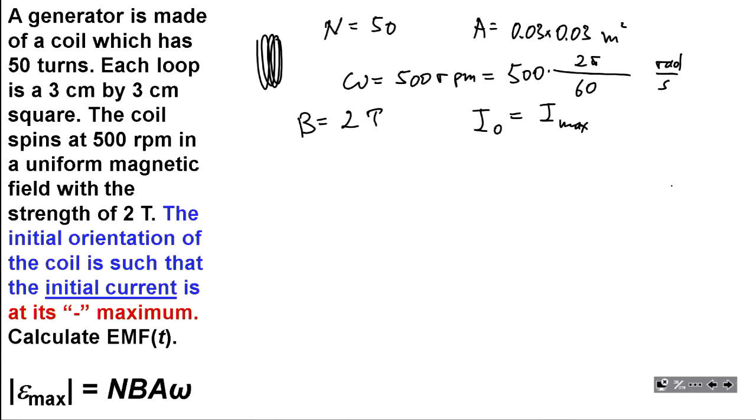It tells us the orientation between the magnetic field and the coils. When the current reaches maximum, the flux has to be 0. That's what it means. And the flux is 0 means the magnetic field is parallel to the coils initially. So the initial flux is 0.